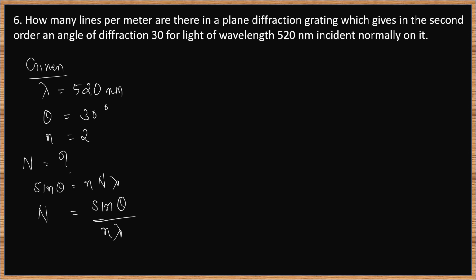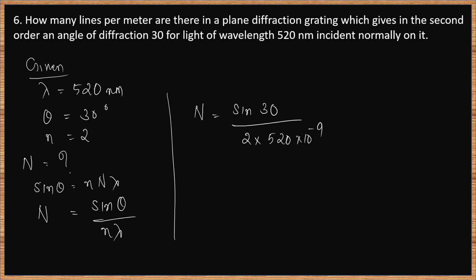Substituting the values: sin 30 divided by 2 into 520 into 10 raised to minus 9 meter. It's around 480.8 into 10 raised to 3 lines per meter.